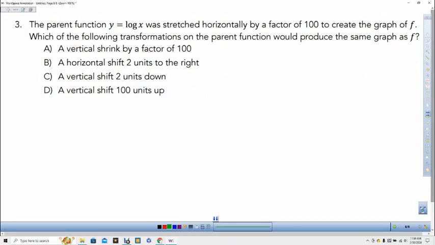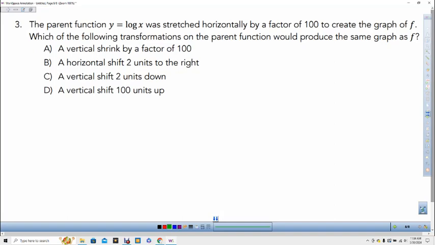All right, number 3. The parent function of y equals log base x was stretched horizontally by a factor of 100 to create the graph of f. Which of the following transformations on the parent function would produce the same graph as f? All right, so if we stretched it horizontally by a factor of 100, horizontally, remember, is inside.